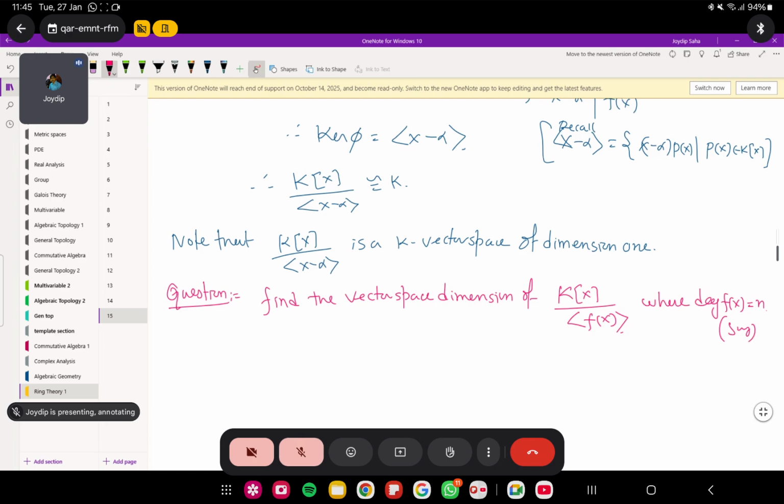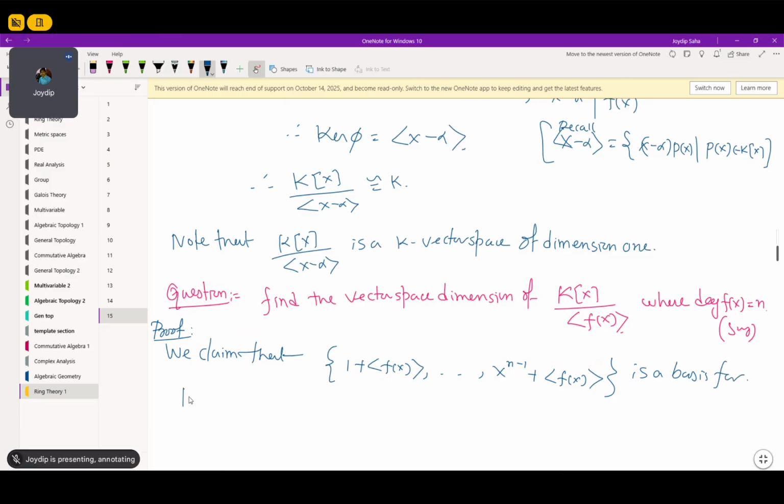Okay, so we claim that, proof, that 1 plus (f(x)), x plus (f(x)), up to x to the power n minus 1 plus (f(x)) is a basis for K[x] quotient (f(x)).